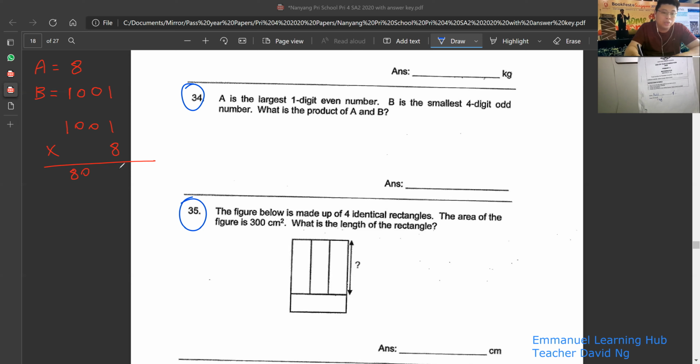Yes, 8008. Is 8008 the final answer? Yes. 8008 is the final answer. Okay?